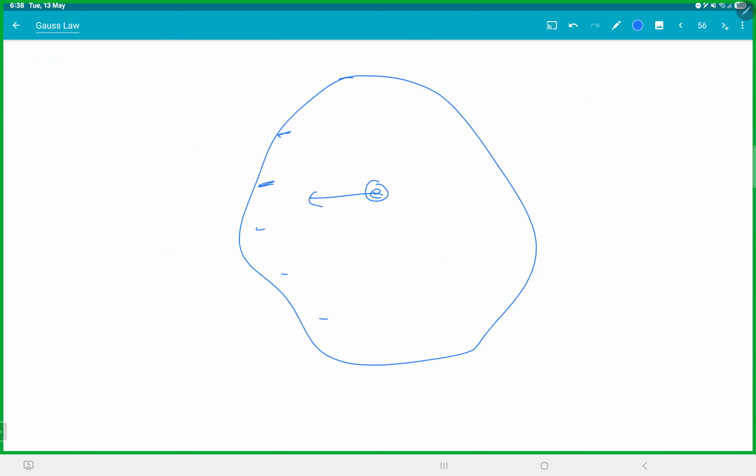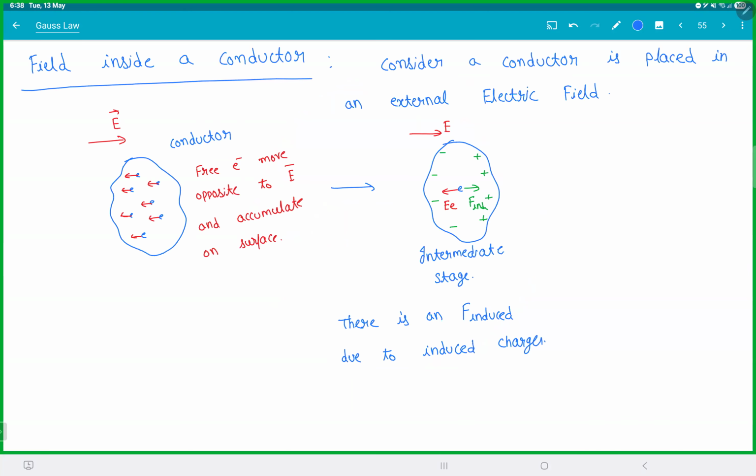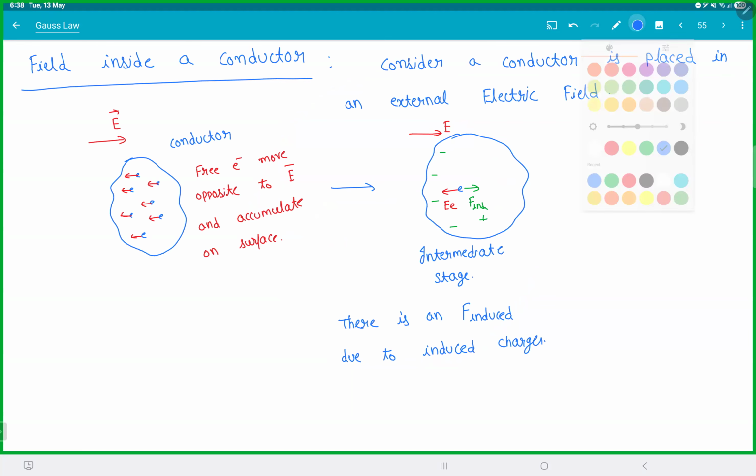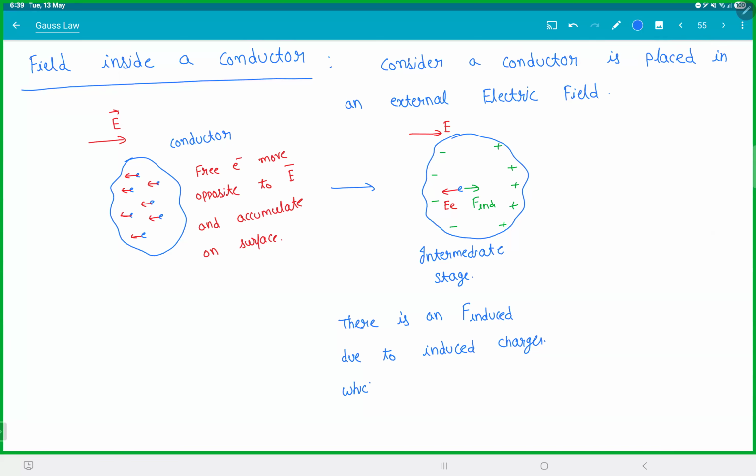The electrons which are already sitting here will repel this electron, right? They'll say, don't come out from here. Similarly, all the positive charges here will attract this electron. So the induced charges inside the conductor will start generating a force opposite to the external field. So you'll start getting kind of an opposition inside, due to induced charges which oppose the external force.